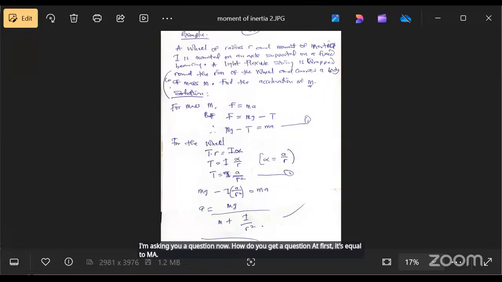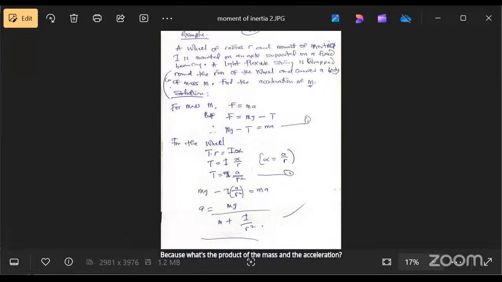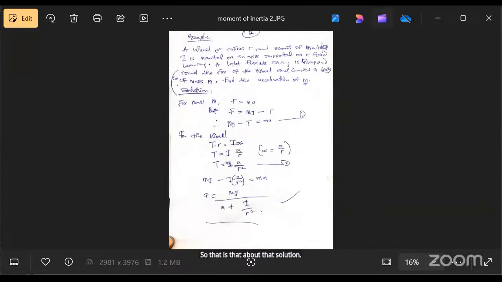Because what is the product of the mass and the acceleration? So that is that about that solution, and that is that about moment of inertia.